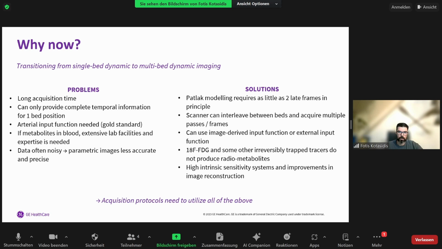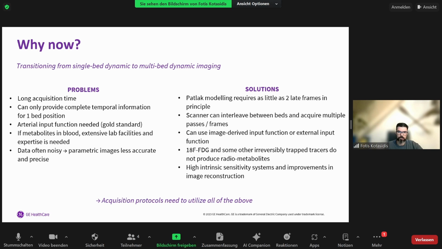In the past, we only had a limited field of view. Arterial input functions could not really work in clinical practice, and the data used to be quite noisy. Now, moving to scanners with increasing sensitivity, noise is not that much of an issue anymore.